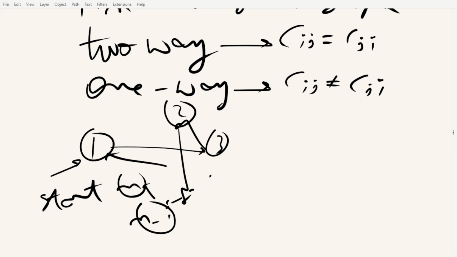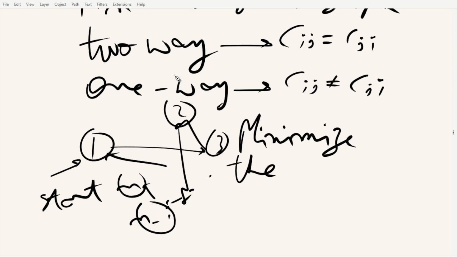So the total distance traveled we have to minimize. Our objective is to minimize the total distance traveled.